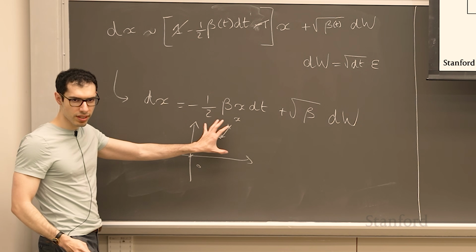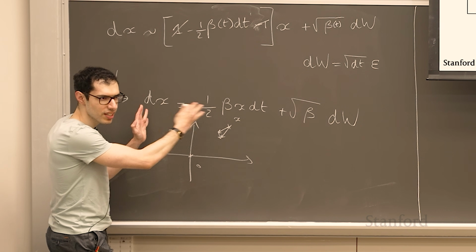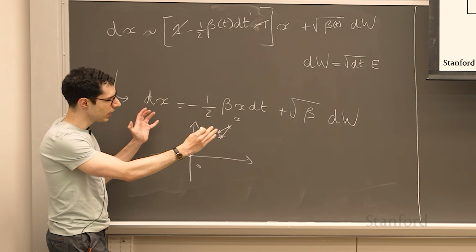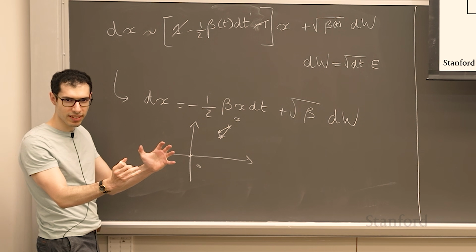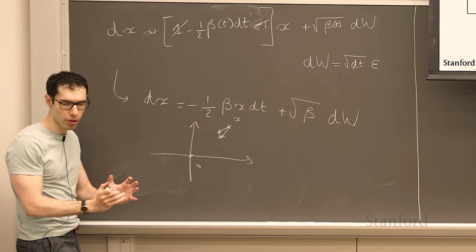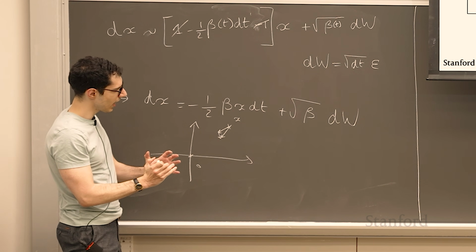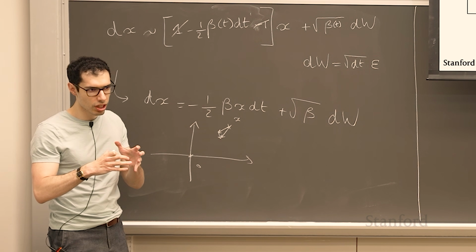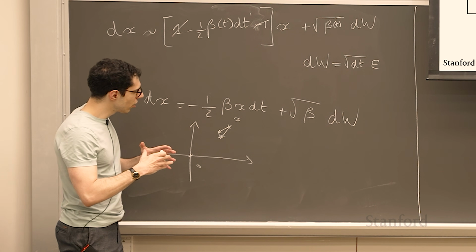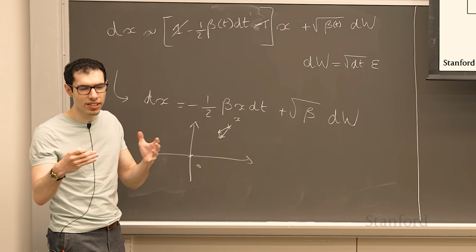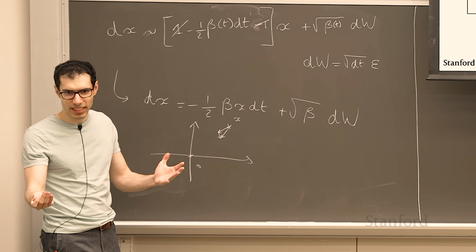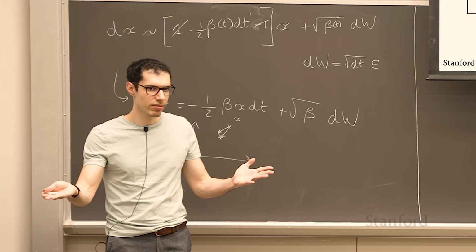So in other words, the noising process, the forward process, is bringing x closer to 0 and adding some noise so that this converges to a variance of 1, which is what DDPM is about, right?